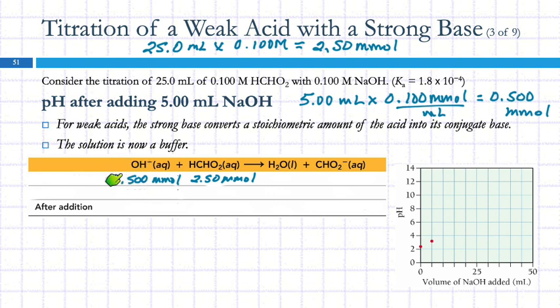And so here the hydroxide being added is less than the acid that was present. So all of the hydroxide is going to get used up, and we end up with 0 of that. We're going to use up 0.500 millimoles of the acid, so we're going to end up with 2.00 millimoles. And then over here, we started with none of the conjugate base. When that acid gets neutralized, we're going to form 0.5 millimoles of the conjugate base.